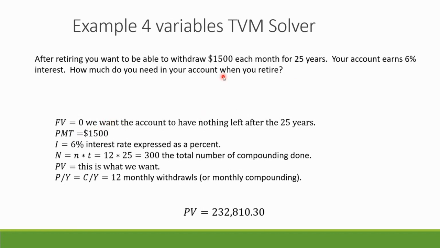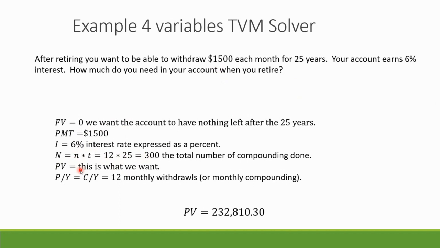PMT is your monthly withdrawal. We're taking money out, so we're getting money. So that's $1,500. I is the interest, you leave it as a percent, so 6%. Capital N is how often the account is compounded. It's little n times t, which, since it's compounded monthly, is 12, times 25 years, which is 300.